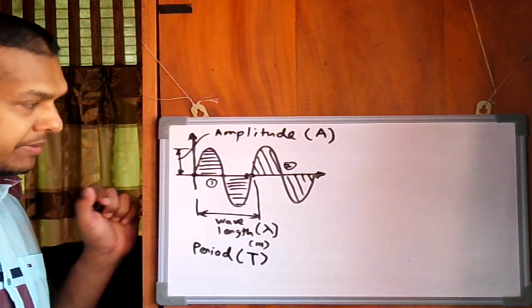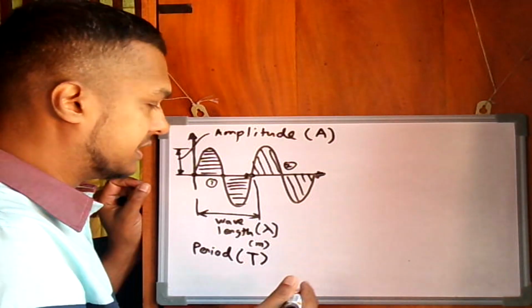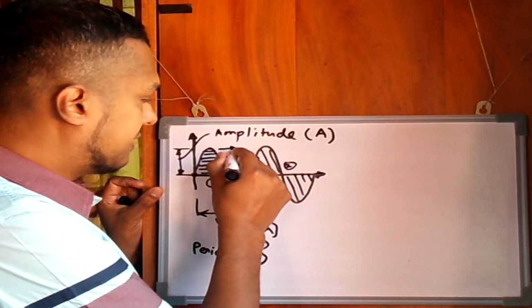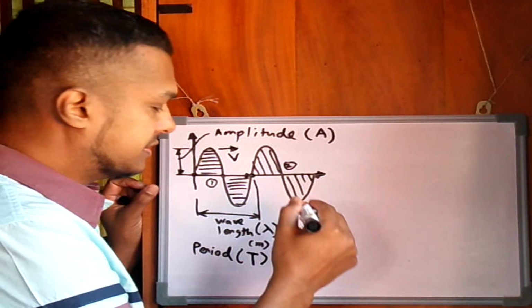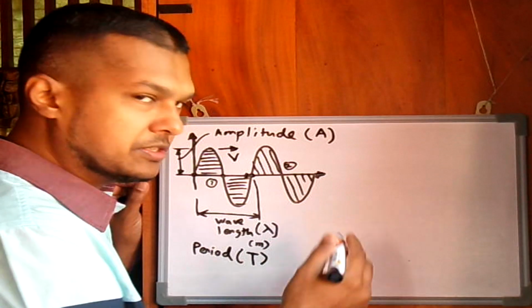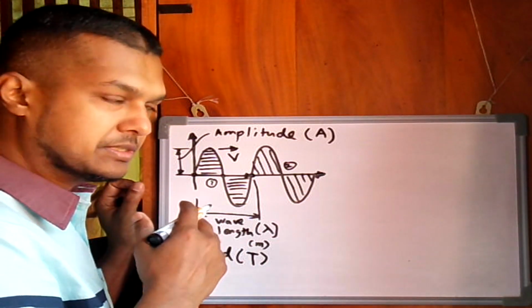And the last parameter that we need to learn is the velocity. So the wave travels this way, so it has a velocity v. Velocity v is usually a speed.